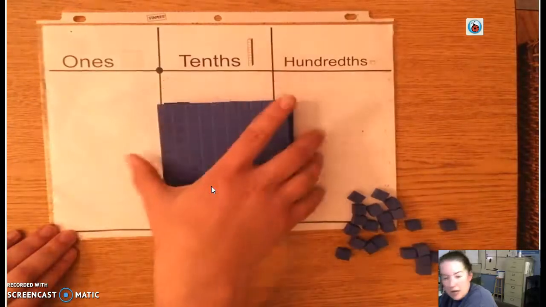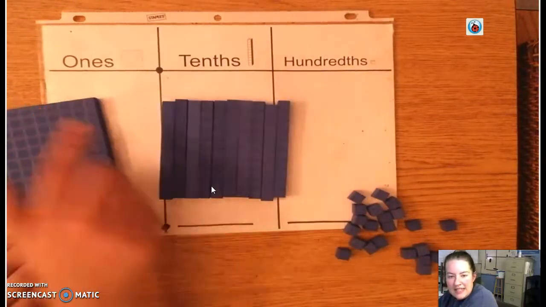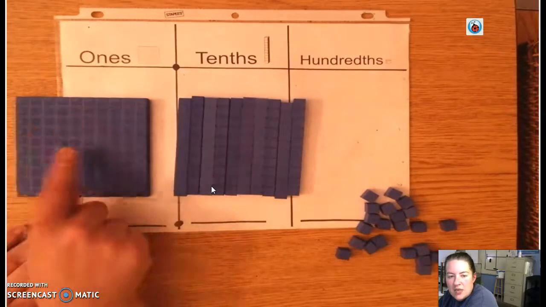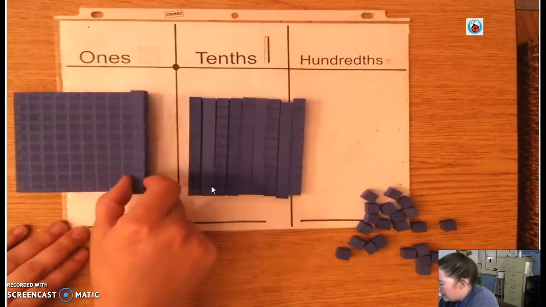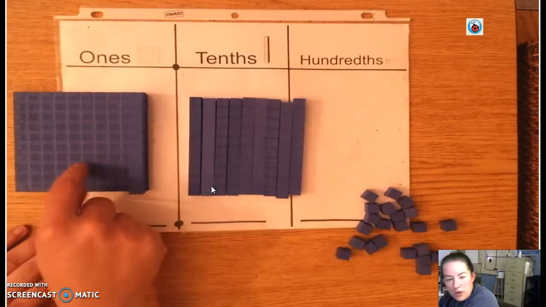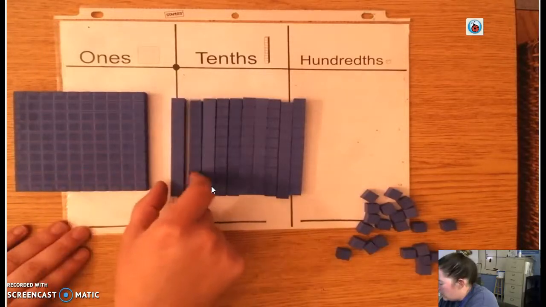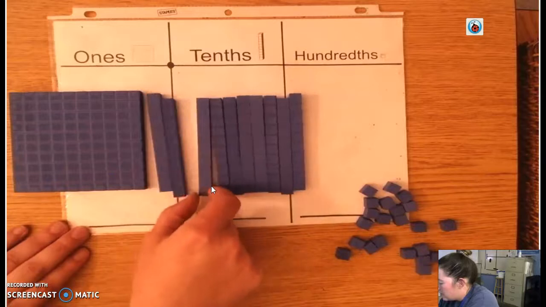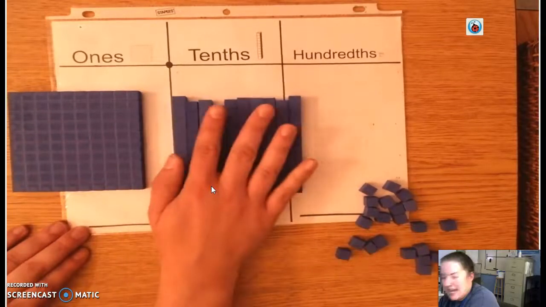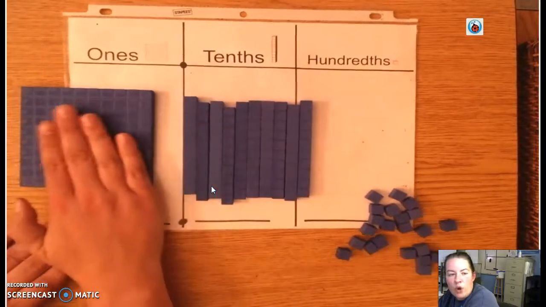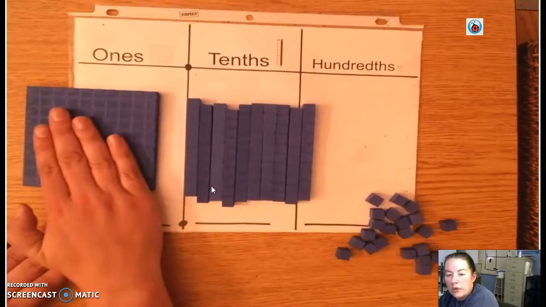Look, it fits right on top. So I need 10 of these to equal a whole. So it's 1/10, 1/10 of the whole. This would be 2/10, 3/10, 4/10. This is why they're called tenths, because it would take 10 of them to equal the whole piece that I have right here, one whole.